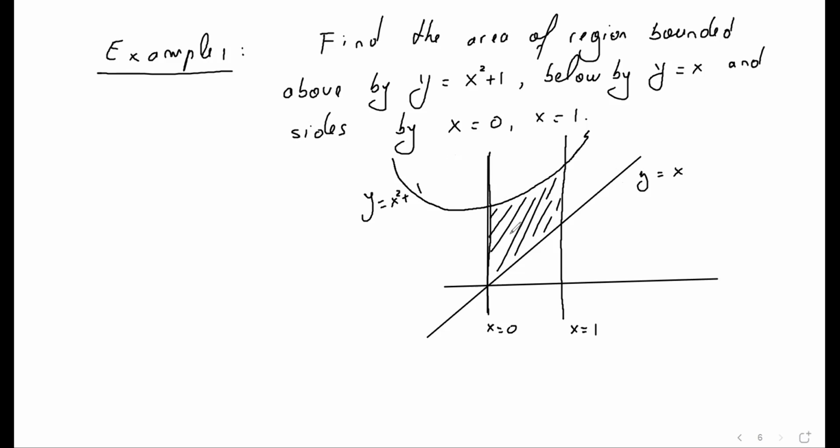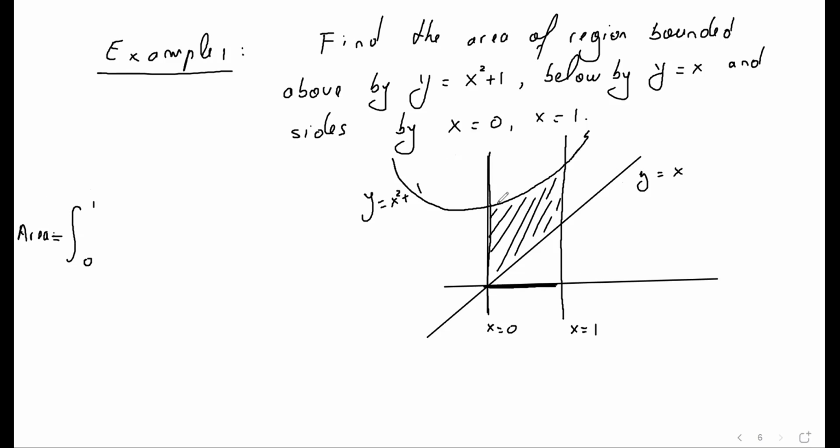And I tell you what, the picture was harder to draw than the problem itself, because the problem itself is really an integral. The area that we want is an integral from 0 to 1. We're looking on the x-axis, folks, always, where the picture lies, right? So 0 to 1.